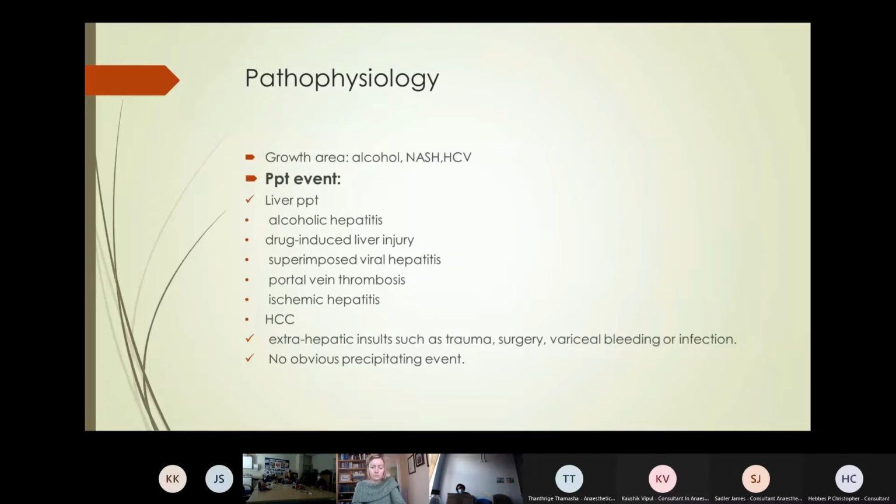What is the pathophysiology? The common causes that we see here are alcohol, NASH, HCV. That's where it's becoming quite common. This is the growth area and one of the commonest causes. Looking at the precipitating event, we need to look at whether it's either liver or extrahepatic.